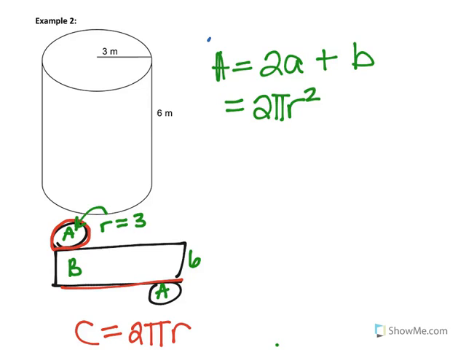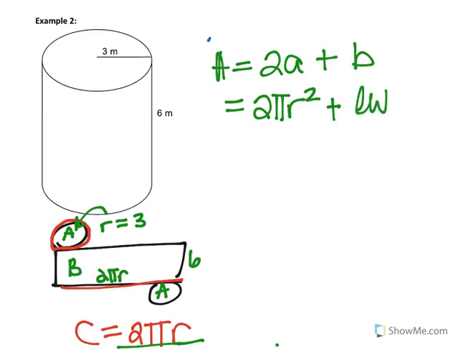We do not know what the length of this rectangle is, but we do know that it's the same as the circumference, so pi times diameter, or 2 times pi times r.